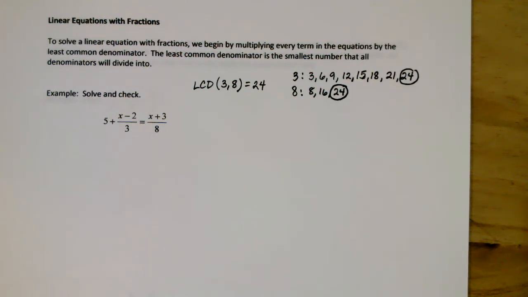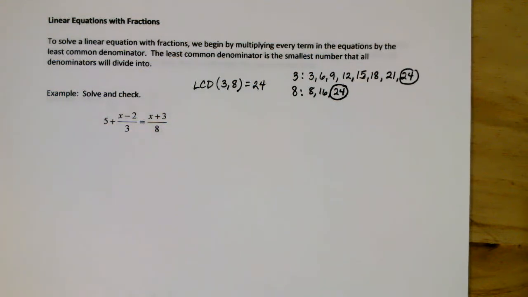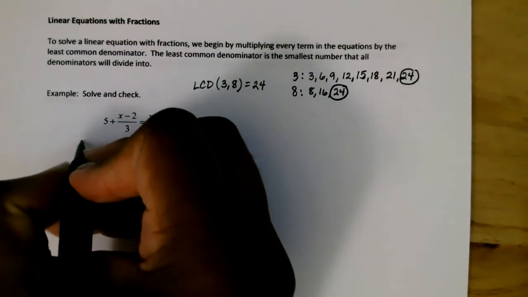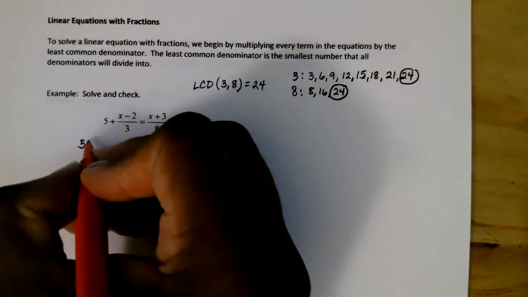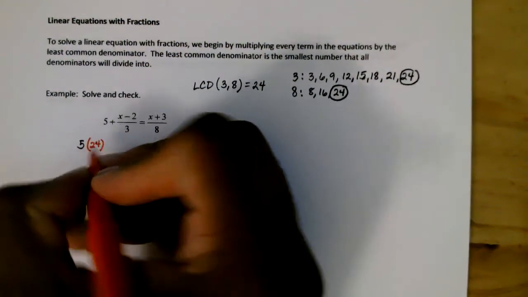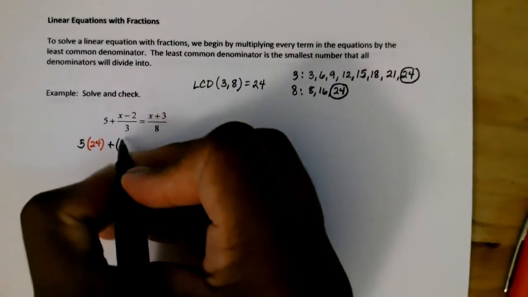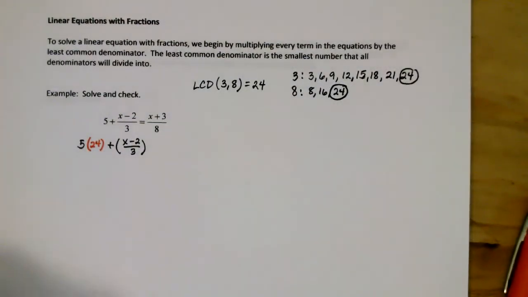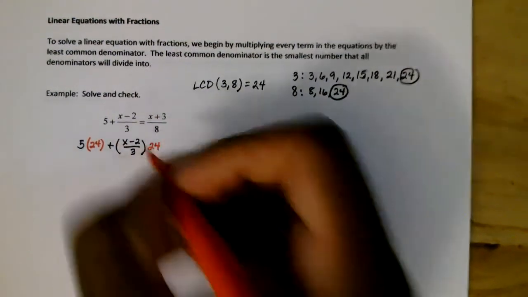So the way we solve this equation, we're going to multiply each and every term in this equation by 24. So that means this 5 will be multiplied by 24. And then plus x minus 2 over 3 will also be multiplied by 24.